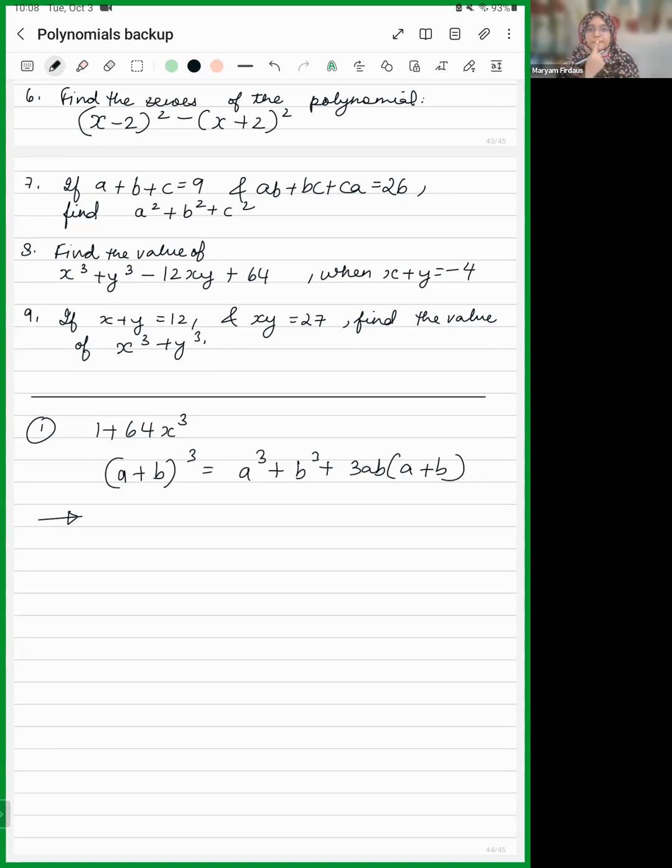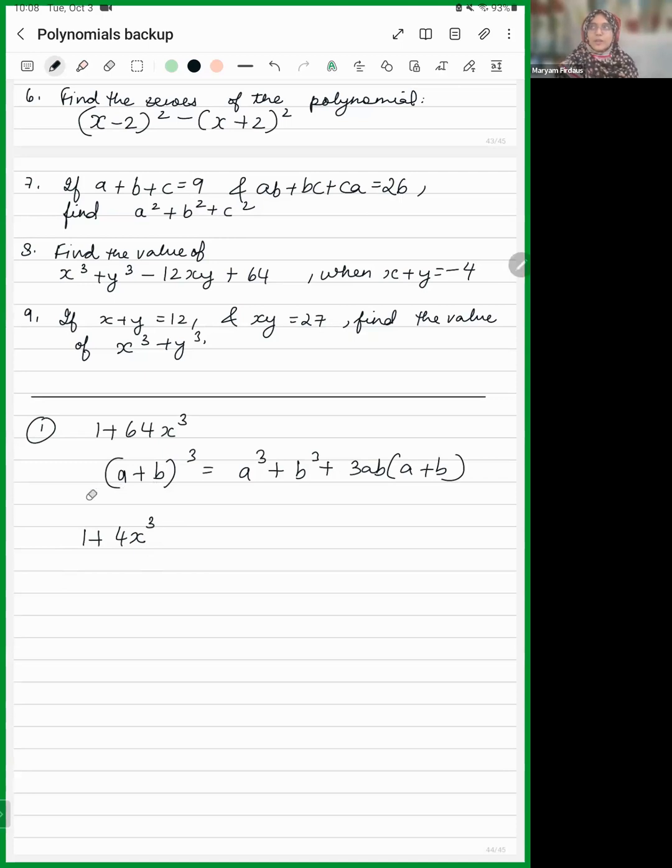I got it as 1 plus 4x whole cube. Okay, so you are saying this can be written as 1 plus 4x, but this is not whole cube, na? The cube is only on the x. Getting it, Preshita?